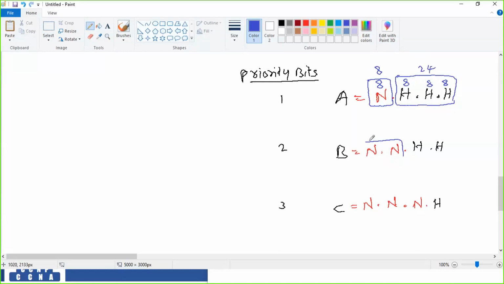Total number of network bits in class B is 16. Total number of host bits in class B is 16. Total number of network bits in class C is 24. Total number of host bits in class C is 8. Is it clear till here?